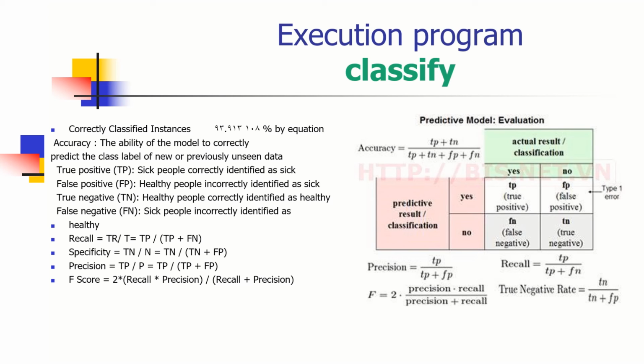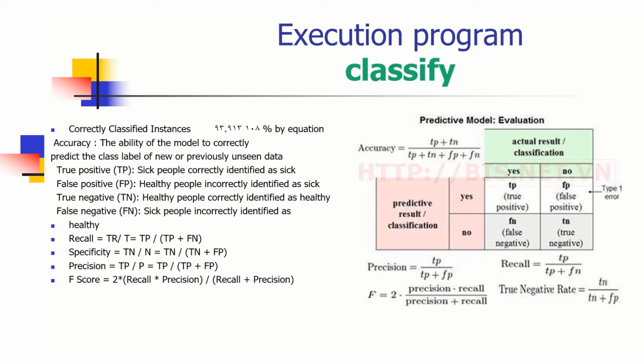TP, FP, TN, and FN represent: true positive, sick people correctly identified as sick; false positive, healthy people incorrectly identified as sick; true negative, healthy people correctly identified as healthy.